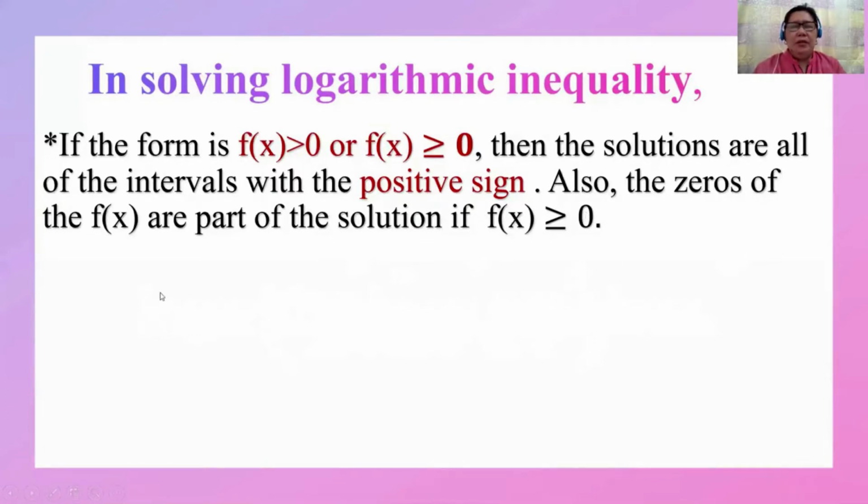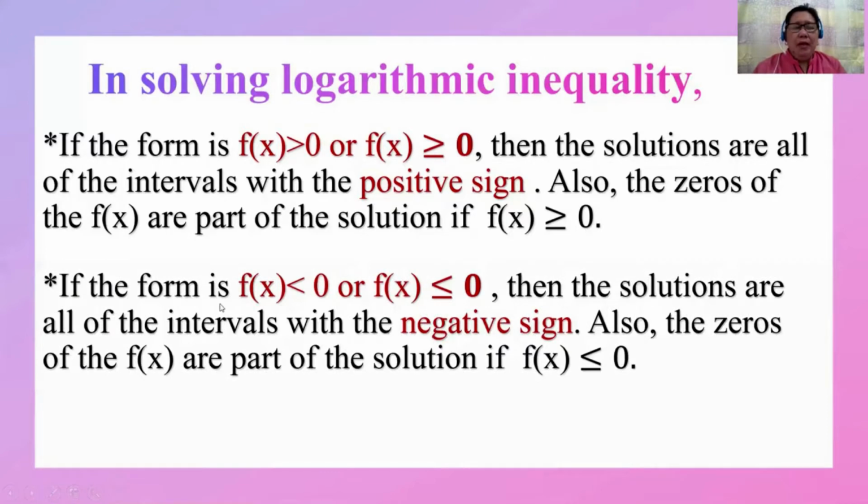Also, the zeros of the f of x are part of the solution if f of x is greater than or equal to 0. If the form is f of x less than 0 or f of x is less than or equal to 0, then the solutions are all of the intervals with the negative sign.